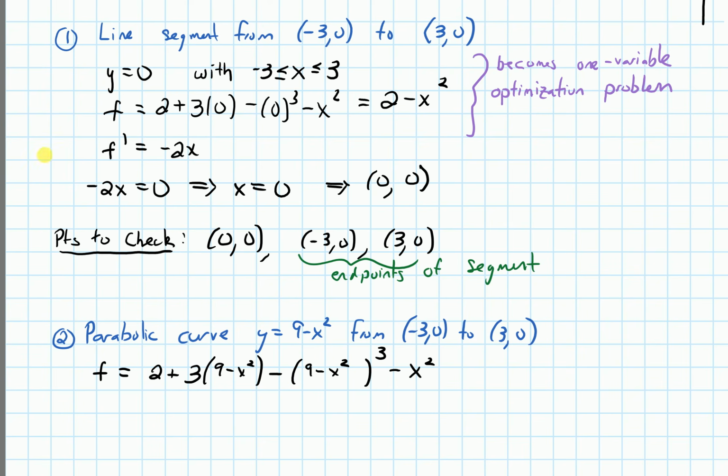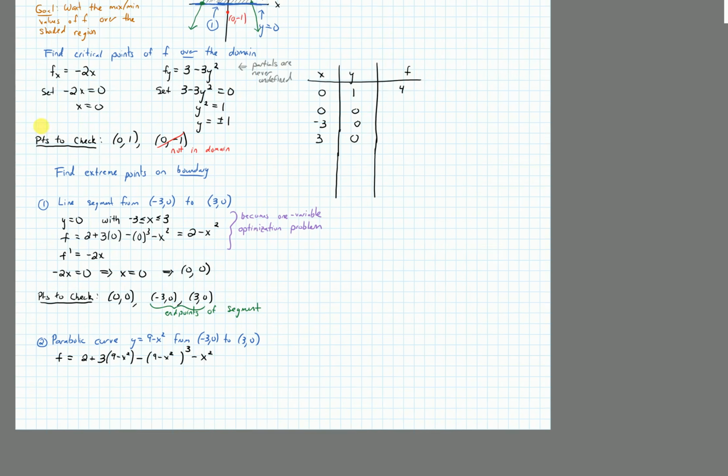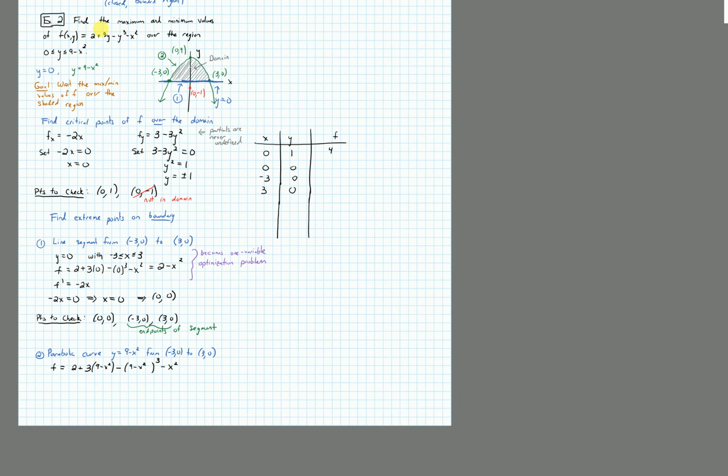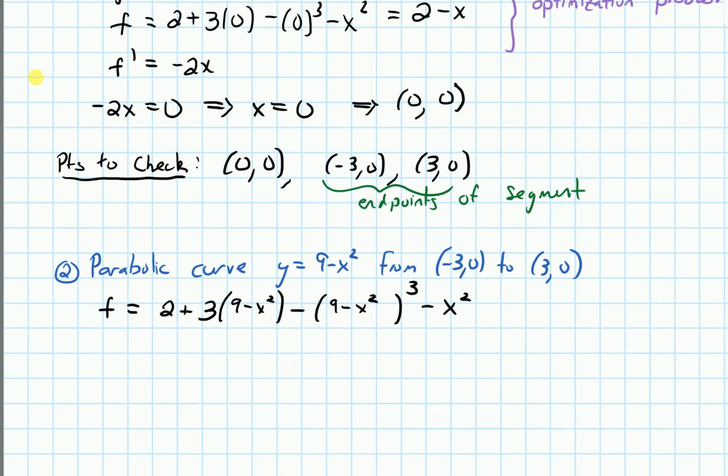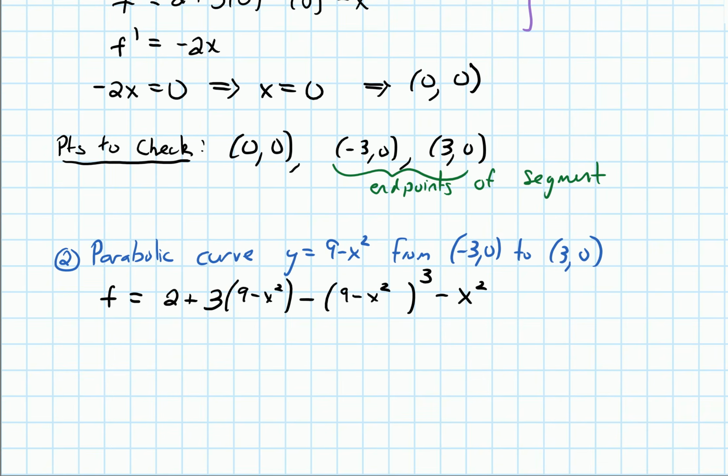Again, this is from looking at my original function, and wherever there's a y, I'm plugging in 9 minus x squared. All right. So when we do that, again, this becomes a one variable max-min problem.